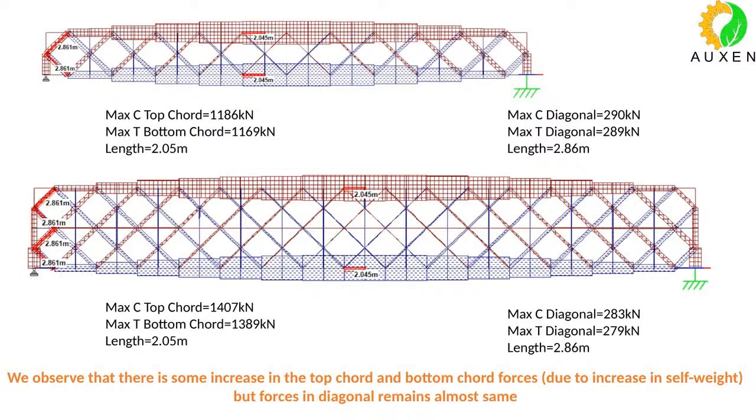You see, the top chord, bottom chord forces are changing. The primary reason is because of the increase of self weight. Otherwise, if you just check for live loads, the top chord, bottom chord forces will also match for a 45-meter Bailey or for a two-tier double deck Bailey.